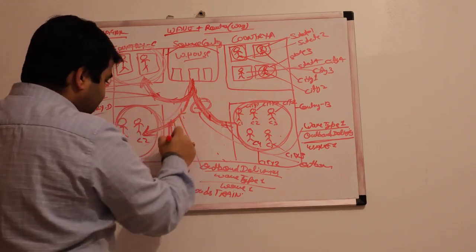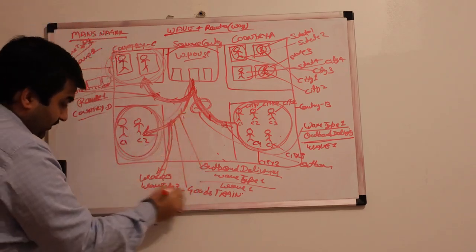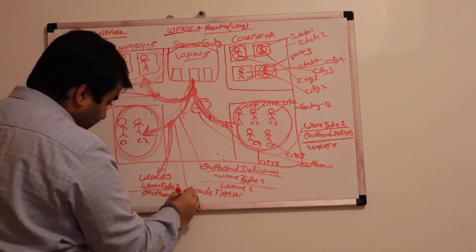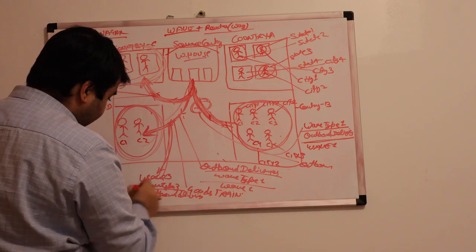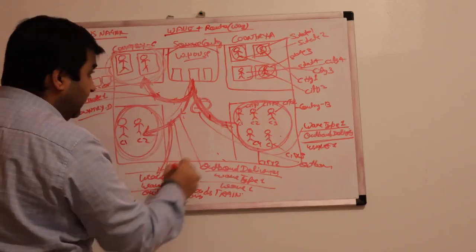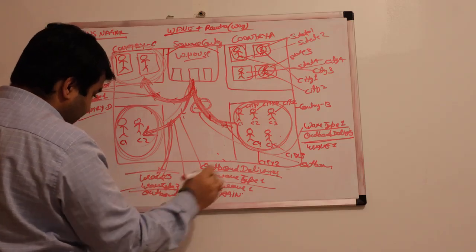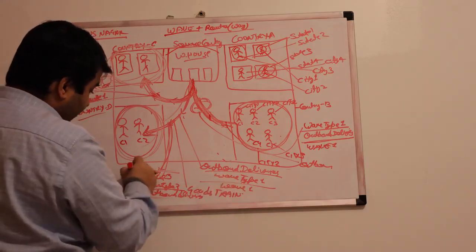So we call this outbound deliveries, waves, grouping together the deliveries, which we can call a route.